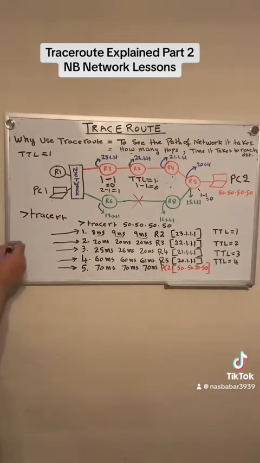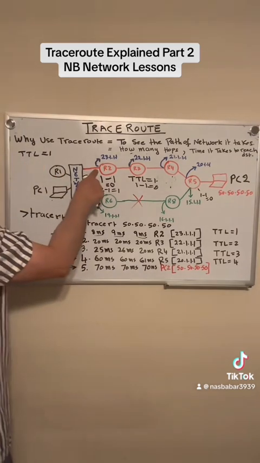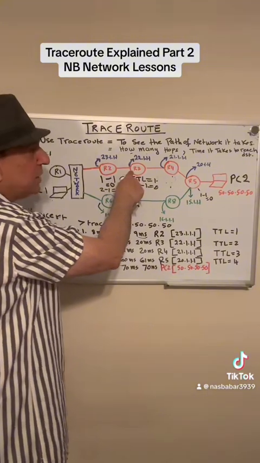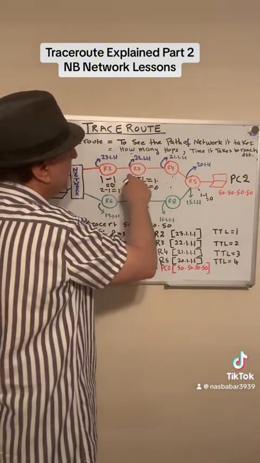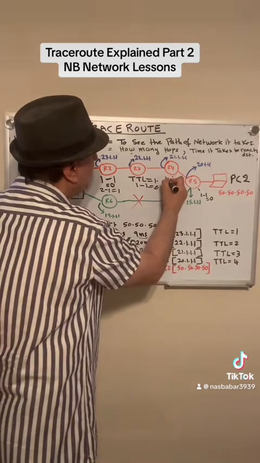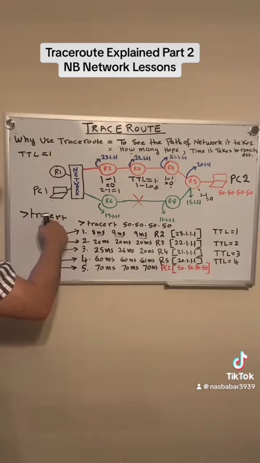We move on. PC1 sends a packet with TTL of 3 now. First router decrements it and it becomes 2. Second router decrements it and it becomes 1. It reaches R4. R4 decrements it by 1, so 1 minus 1 becomes 0. Boom. Coming back to PC1.